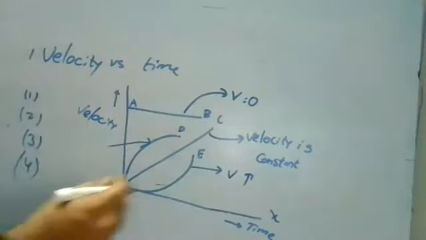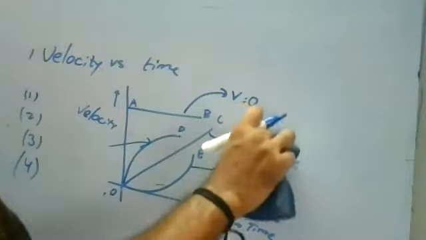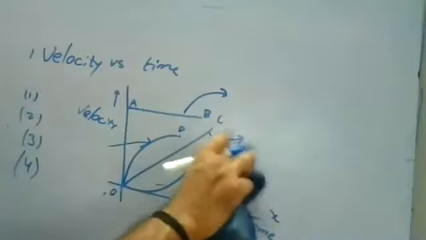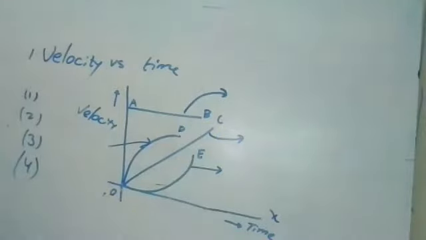So we'll discuss velocity versus time. Other points, same graph. Let's draw this one. It is the second graph, related to velocity versus time.